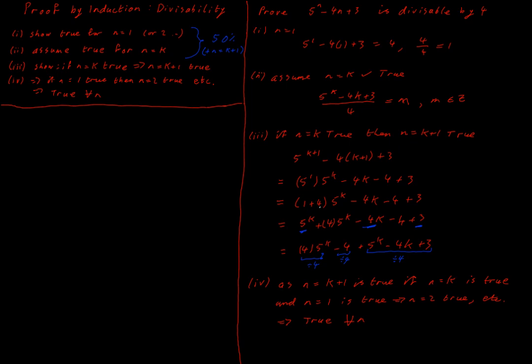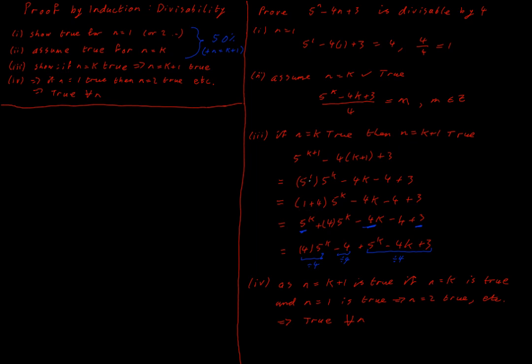So as a general rule of thumb, you're going to break up the number in front of your power piece into the number you want to divide by plus whatever is left over. That is not guaranteed to always be the case, but it is a very good rule of thumb for divisibility proofs. So I want to be able to divide by 4, so I broke 5 up into 4 plus 1.